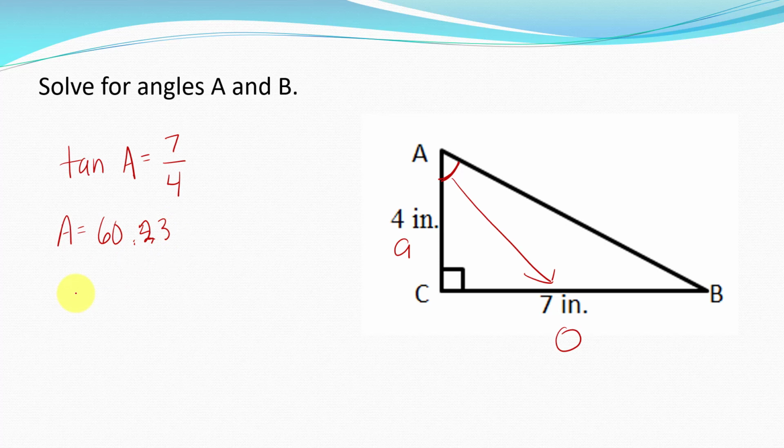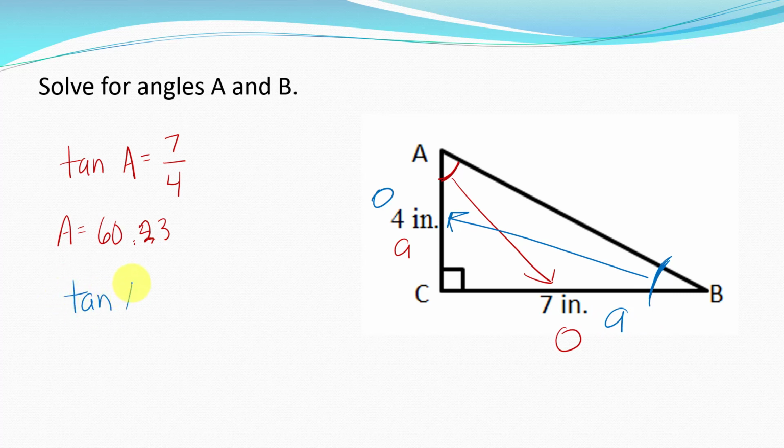Okay, then it says solve for angle B. So here, I'll switch colors. Angle B, this one. All right, well, how is this? This is now the opposite side, and this is the adjacent side. And it's still tangent, it's still opposite and adjacent.